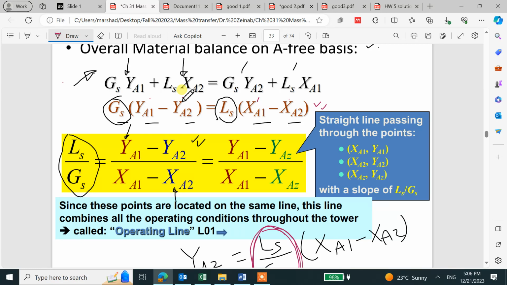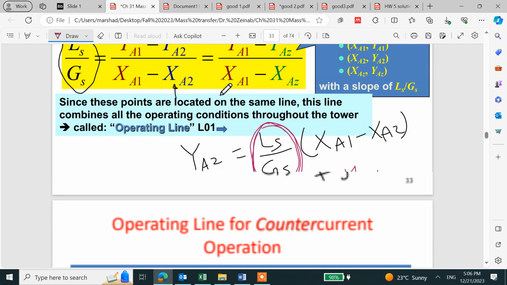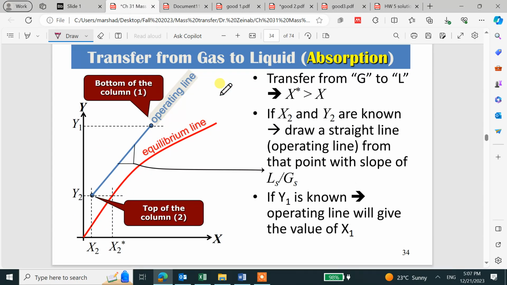So suppose YA1 is inlet, so impurity is 0.01, we want to reduce it to YA2 equal 0.02. So this should be known. XA2 is the concentration of A in solvent, so we will know. So most likely we need to find this one. LS over GS is known. Okay, so now we can see this will be our operating line.